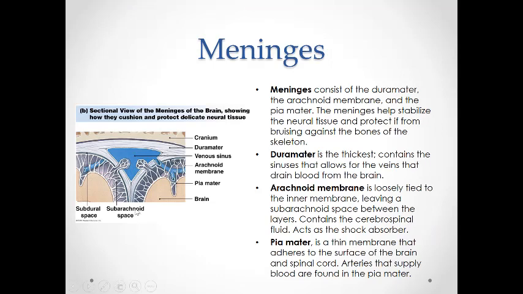Now, the meninges are highly specialized material that surrounds your brain, so your gray matter, and it sits between the brain and the cranium.